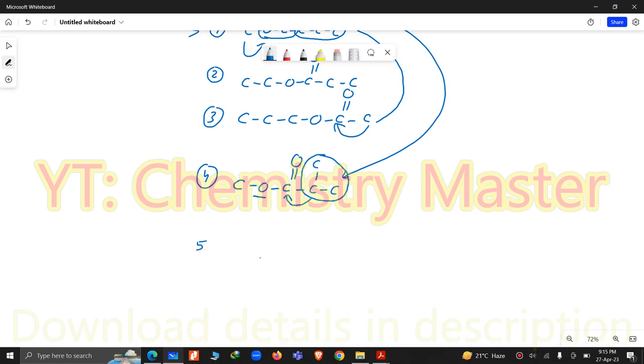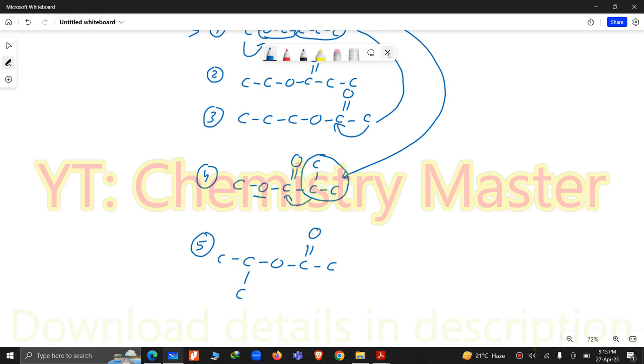So here, this is the carbon bonded with another carbon like the branching, and it is bonded with the oxygen and another carbon having the carbonyl group and then methyl. So this is the fifth isomer. So I have got 5 isomers now.